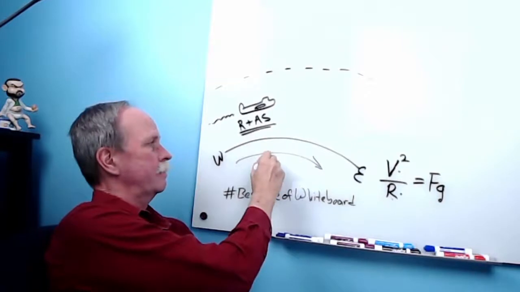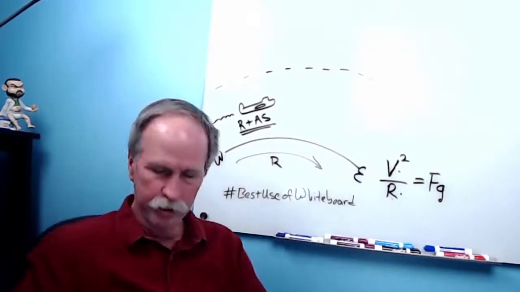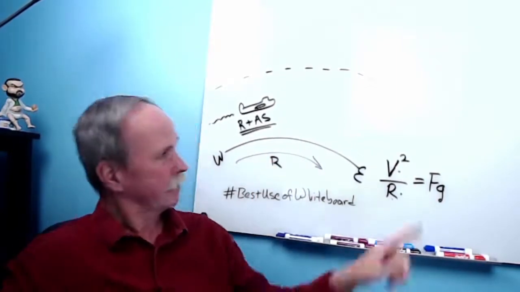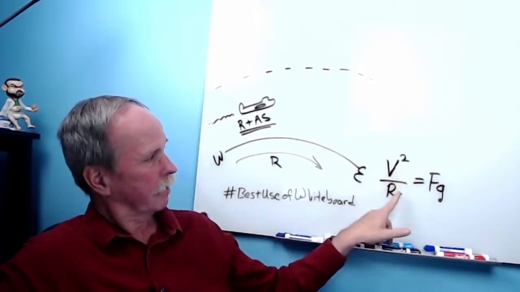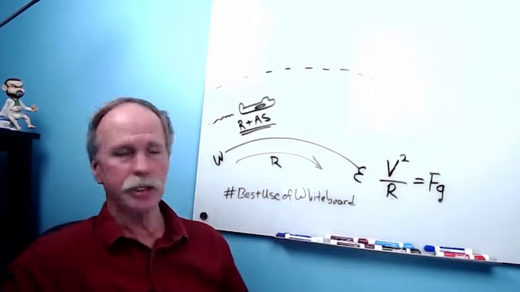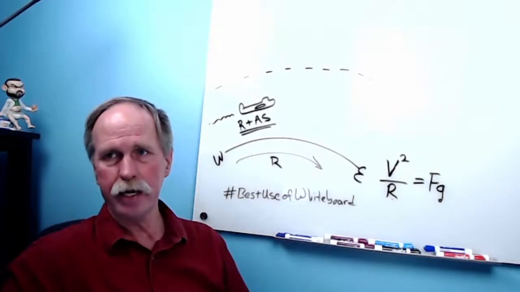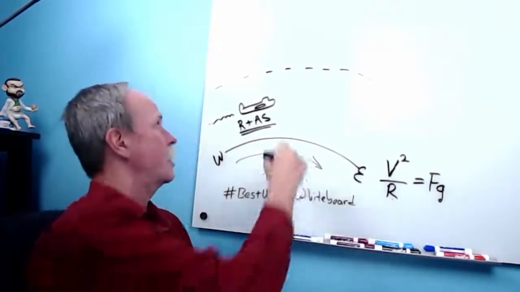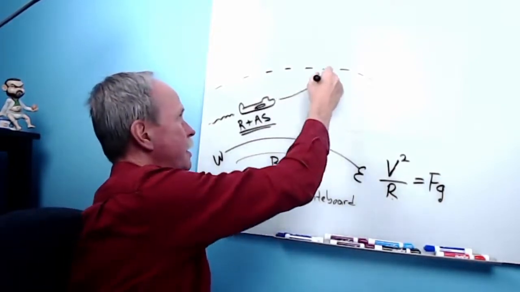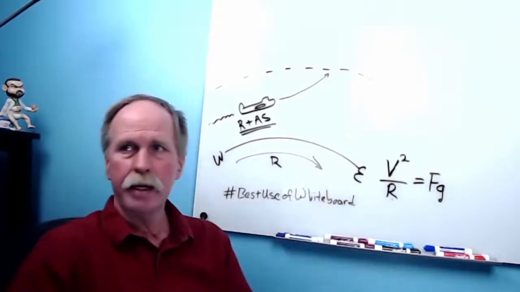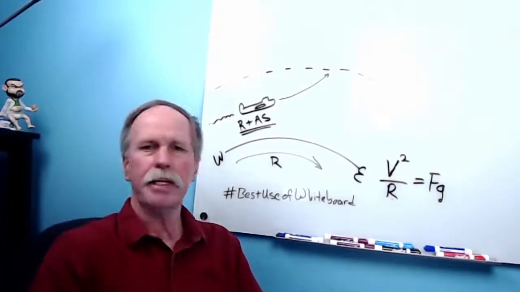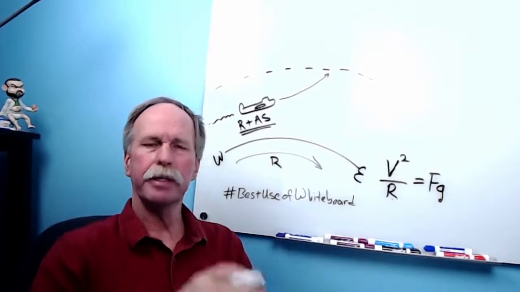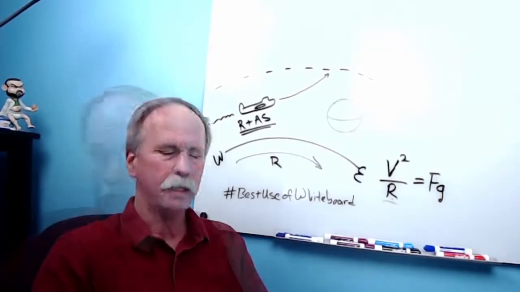That's faster than the rotational speed alone. As a result, what's going to happen? Well, we've increased velocity, so we have to increase radius. Now, that would cause the aircraft to want to tend to go upward. However, the problem is the aircraft has to operate within the constraints of the atmosphere.